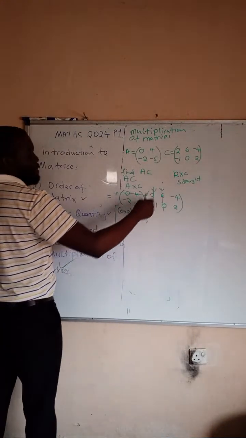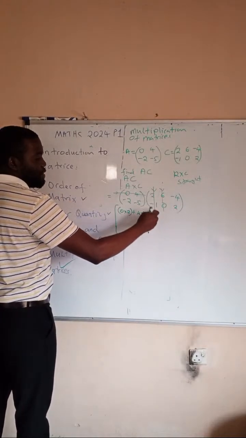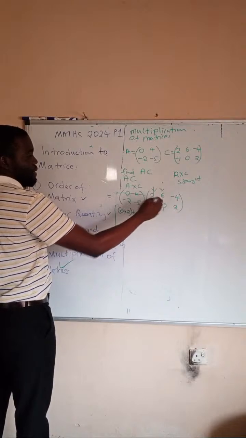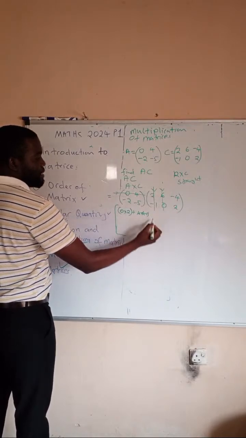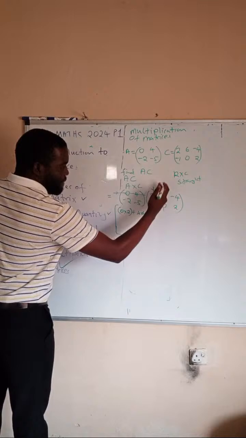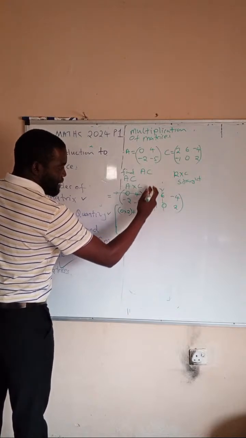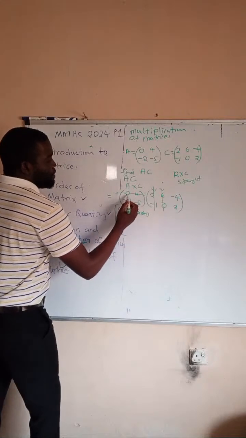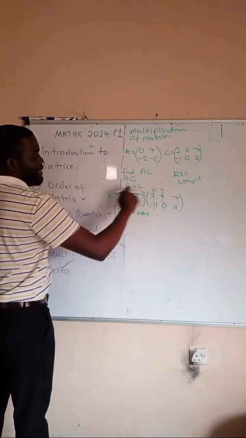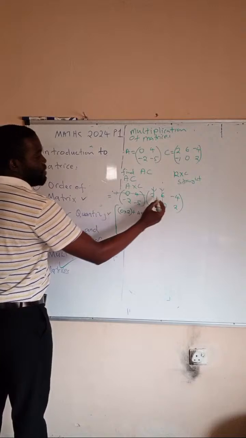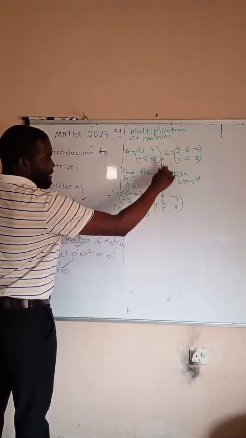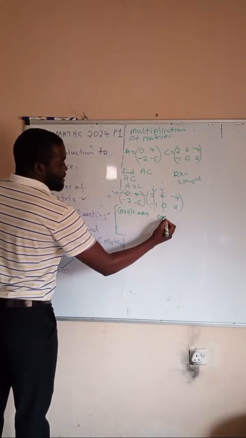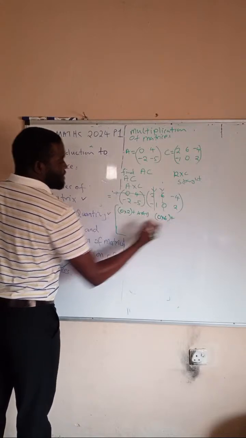Okay, we are going to the second column, meaning even here I'll leave space because I'm going to the second column. So 0 times 6. I'll leave space here because I'm done with the first column, I'm going to the next column. The first one in this direction is 0, so 0 times 6 in brackets plus.